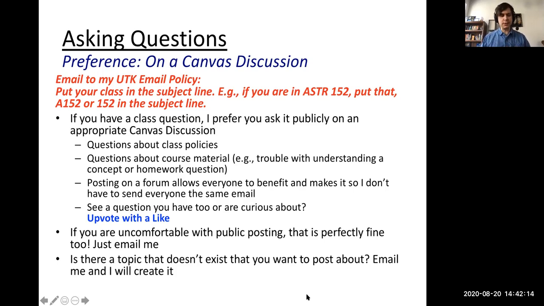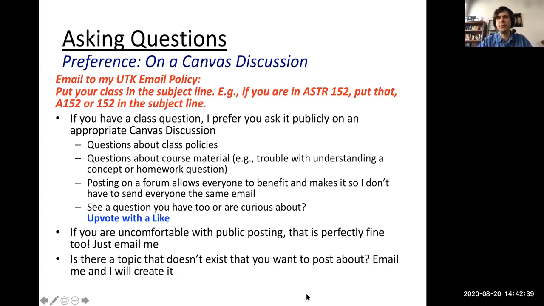And let's first address emailing. Emailing is going to be critically important for all of us this semester. And just because it makes my life so much easier, I am going to ask that when you email my UTK email, you don't have to do this if you send me a message on Canvas, but if you send something to slindsay@utk.edu, make sure that you put what class you are in the subject line.